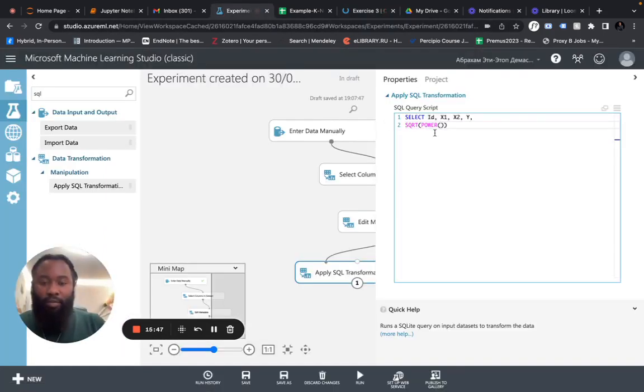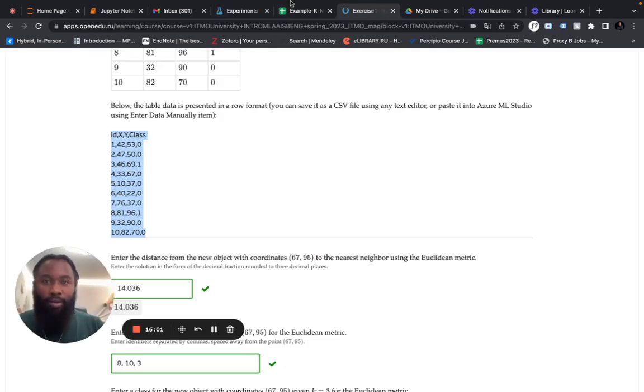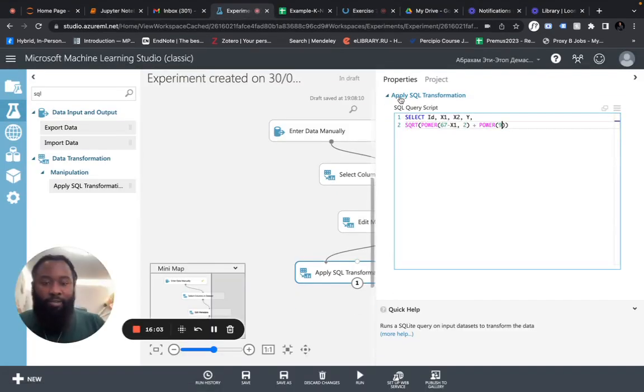So 67 minus x1, and we're raising that to the power of 2. We're adding that to second feature again, which is 95, I think. Let's double check that's correct. 95 minus the second feature, x2. We're doing this to the power of 2.